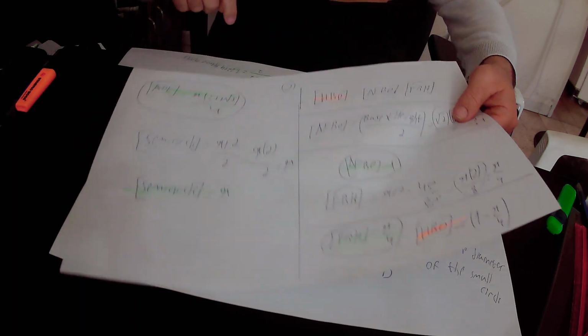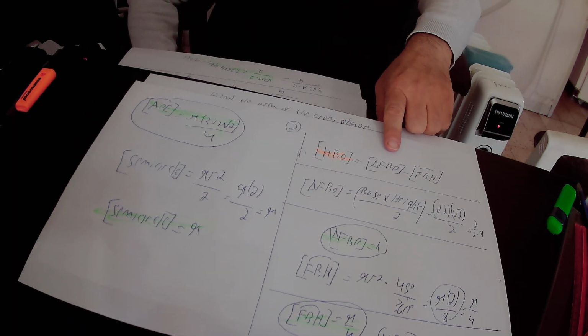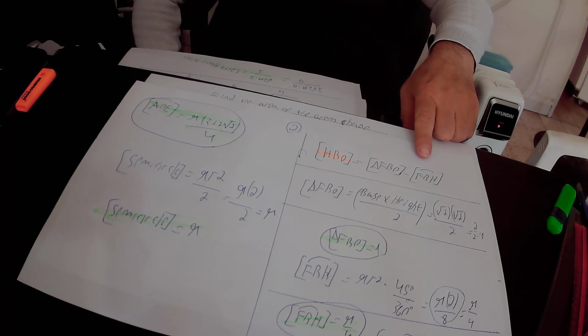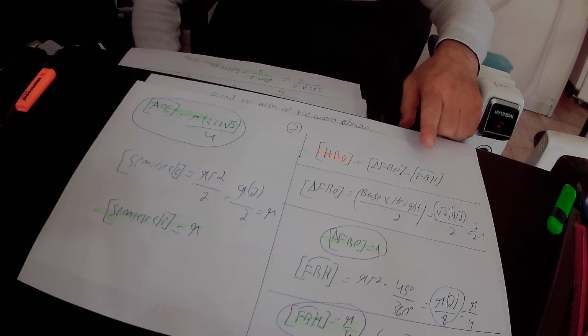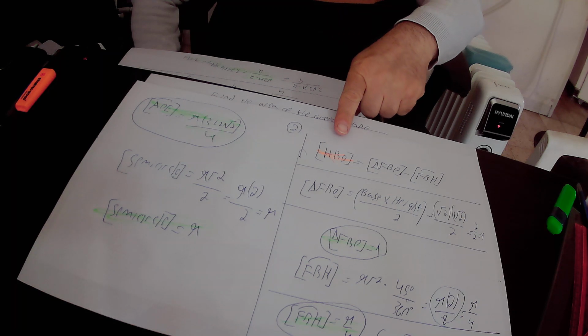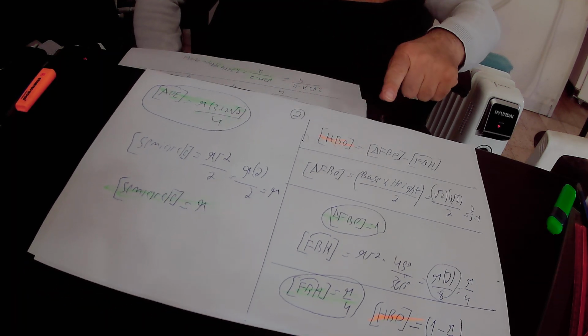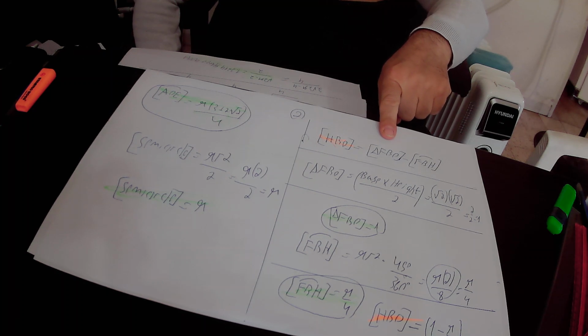Again, the area of the orange shape HBO equals the area of the right triangle FBO minus the area of the small sector FBH. The small sector FBH is part of the small circle.